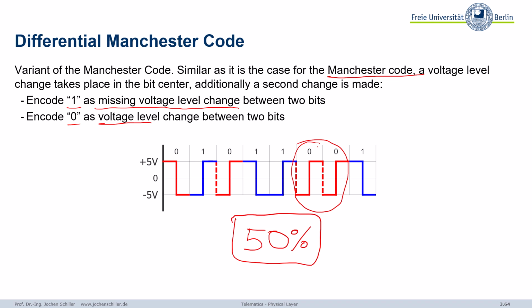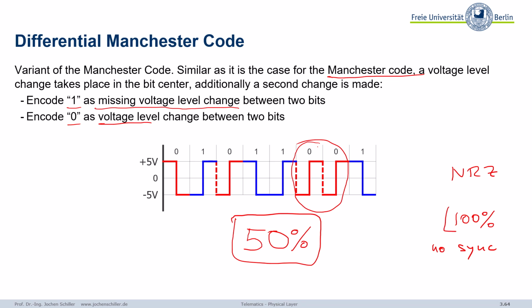So non-return to 0 doesn't waste anything, but you cannot synchronize. We learned that long sequences of ones or zeros don't allow synchronization. Manchester allows synchronization, but the efficiency is only 50%. So non-return to 0 with 100% efficiency sounds good, but no sync.